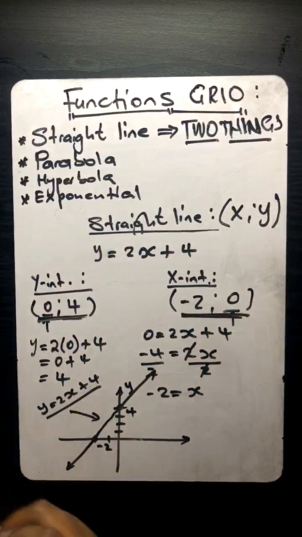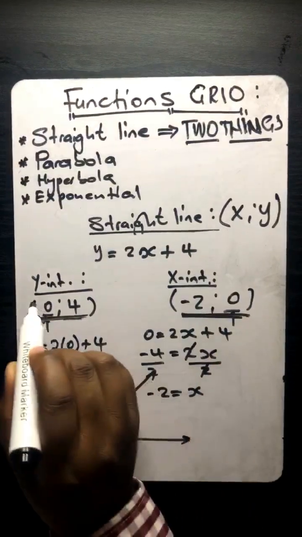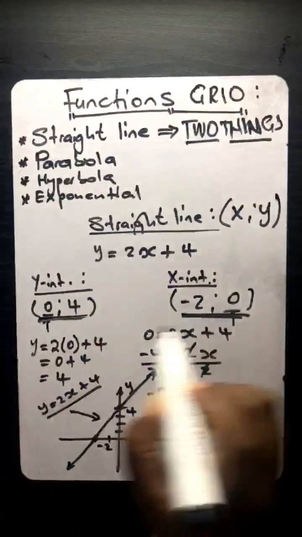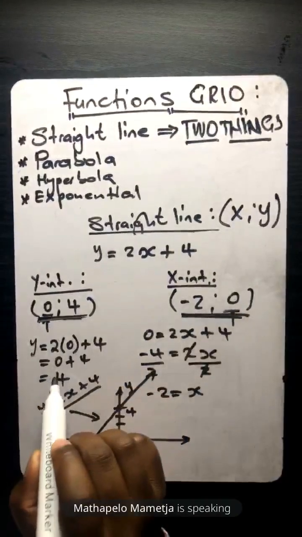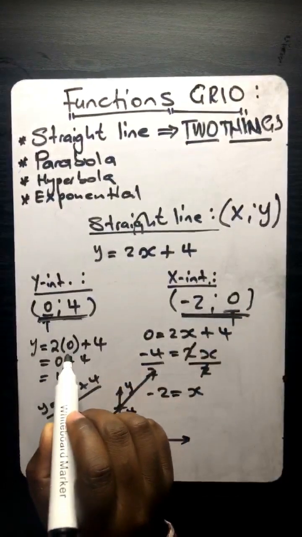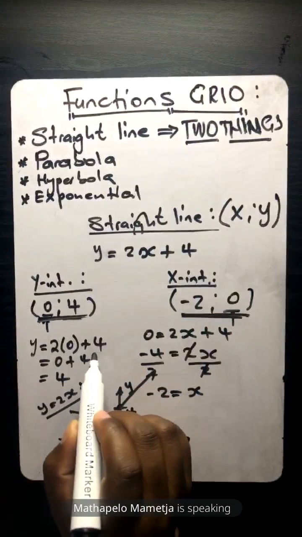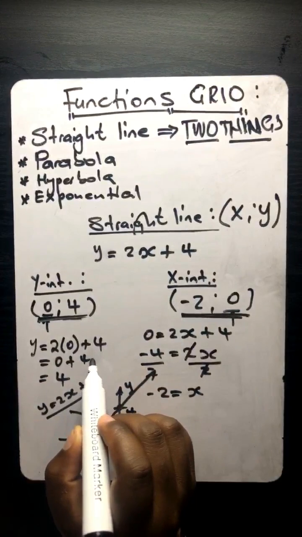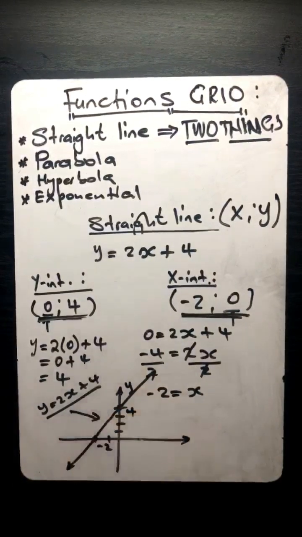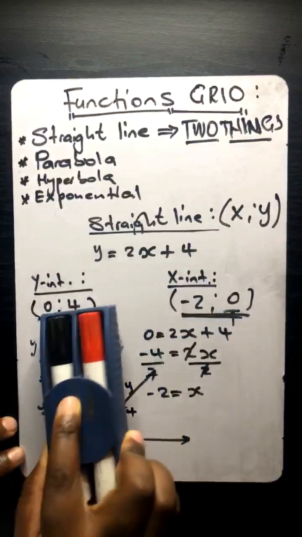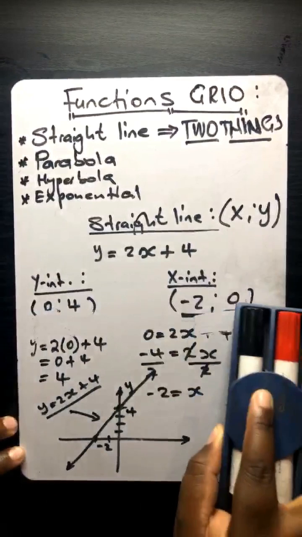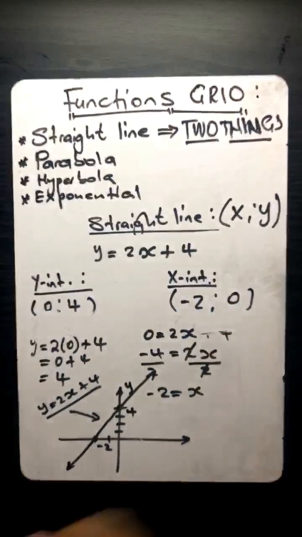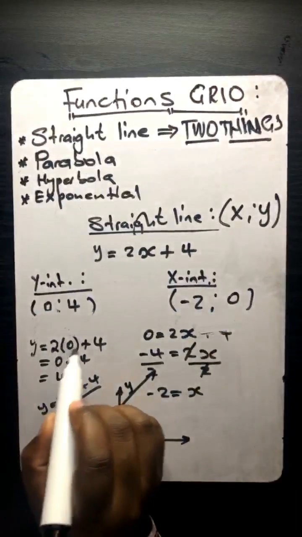Matapelo, are you referring to this one or this one? I think you said 2 into 0. Yes, sir. I'm not sure if Matapelo is referring to the y or the x-intercept, but I heard she mentioned something like 2 into 0. I'm assuming she's referring to this one.